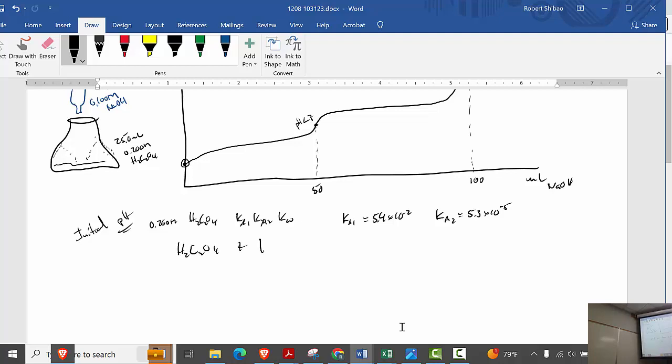We're going to have our oxalic acid plus water. This is going to produce hydronium plus hydrogen oxalate ion. K for this is 5.4 times 10 to the minus 2. 5.4 times 10 to the minus 2, that's kind of big.